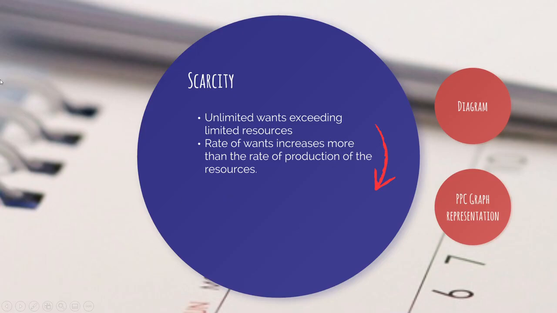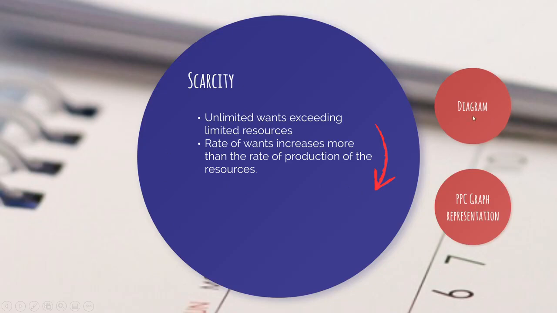I'm just going to take one example throughout this video: ice cream. If you are going to buy your most favorite ice cream in a shop and you want 10 of them because you have guests over, but the shopkeeper has only 7, then there are wants exceeding the limited resources or the limited goods. So there is a scarcity of that ice cream.